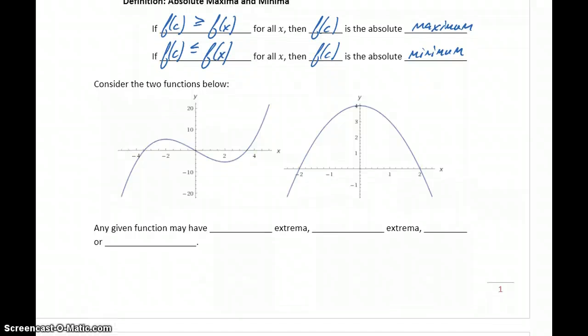Looking at these two graphs, we can get a visual depiction of what we mean by the difference between local and absolute extrema. Our graph on the left, in this case, would have a local maximum because our function changes from increasing to decreasing, and then it's going to change again from decreasing to increasing, so we would have a local minimum.